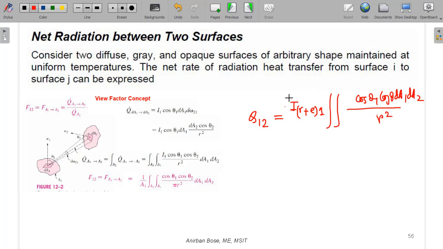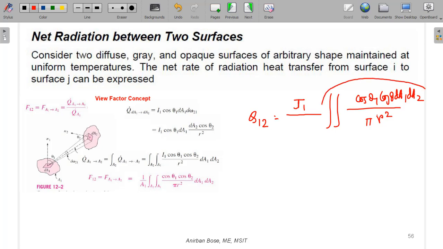Now if you want to replace this quantity in terms of the radiosity, in exactly similar way it will be pi, so you just replace it by the radiosity of 1 divided by pi. Similarly, for the net radiation streaming out of surface 1, we express it in terms of this integral.